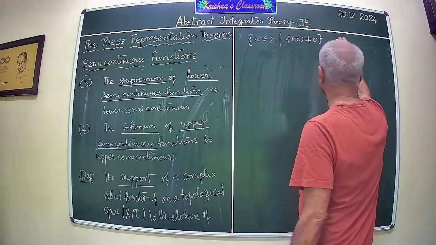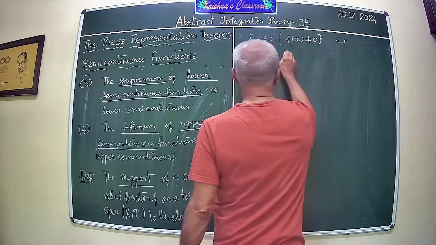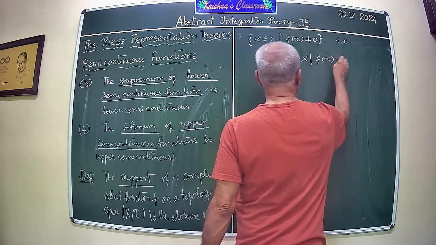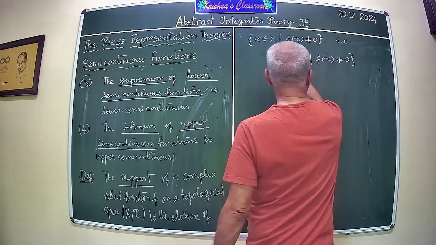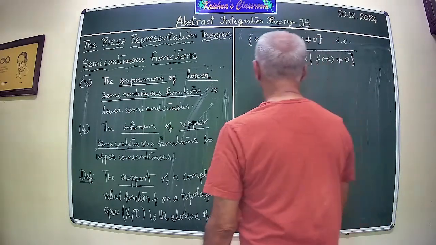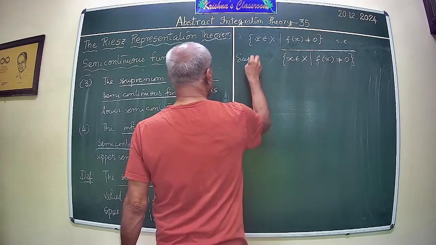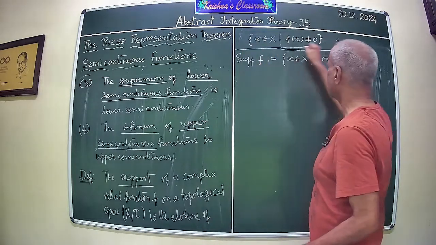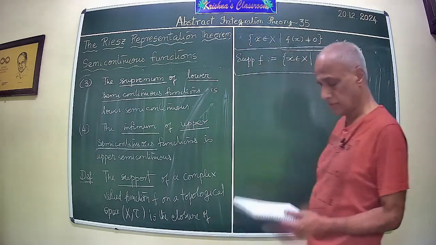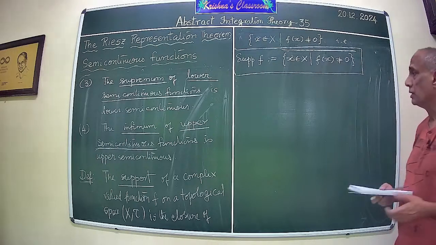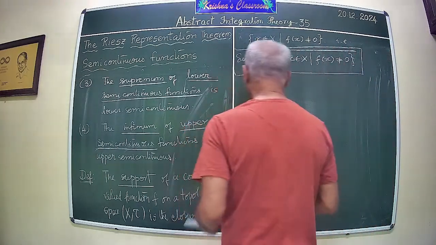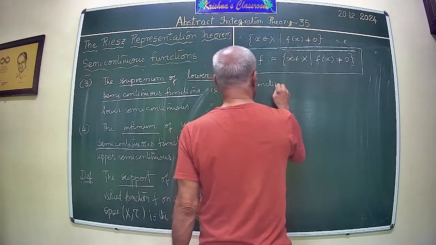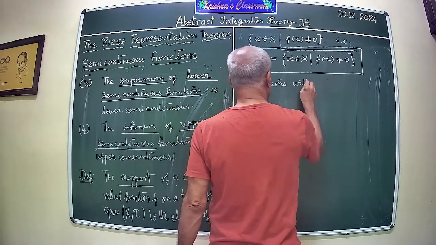That is, we take this. This is what we call... so this is the definition of... Now we are interested in what are called functions with compact support.